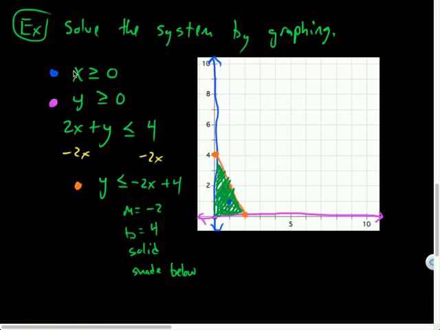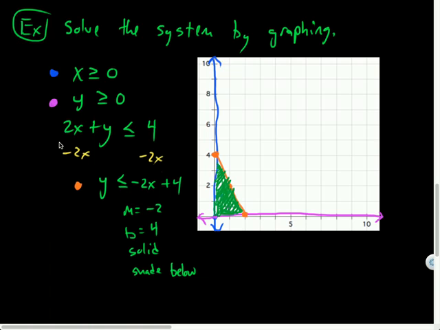If I plug 1 in for x, is 1 greater than or equal to 0? Yes. If I plug 1 in for y, is 1 greater than or equal to 0? Yes. If I plug 1 in for x and 1 in for y here, 2 times 1 is 2, plus 1 is 3. Is 3 less than or equal to 4? Yes. So it appears as though I'm in the right spot, right? So that's kind of an idea. You can do a check, but you'd have to check it in all three.